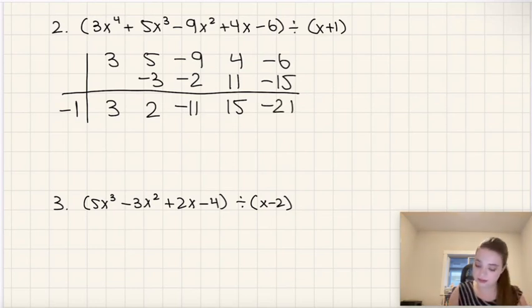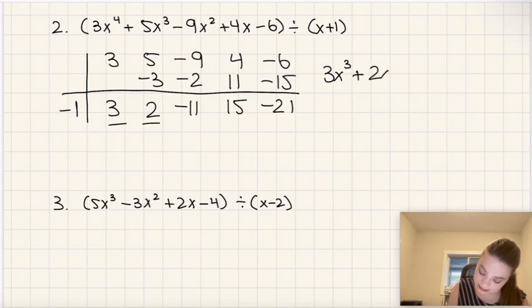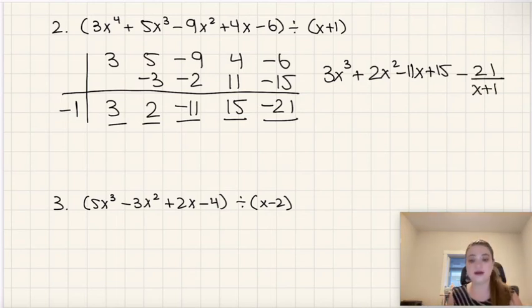So the final answer is 3x cubed plus 2x squared minus 11x plus 15 minus 21 over x plus 1, right? Because -21 was our remainder, so it was what wasn't able to quite be divided by the x plus 1. It is what we had remaining after we divided in everything we possibly could.